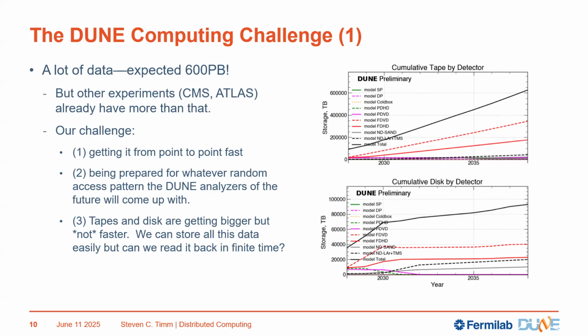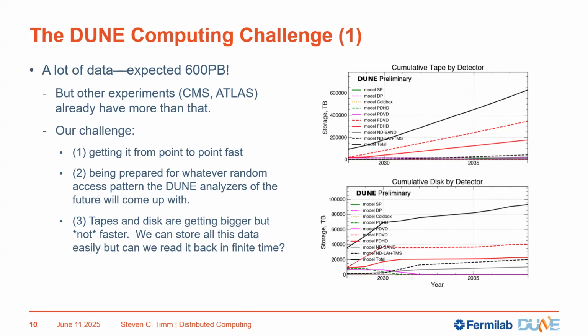Fermilab experiments tend to read our tape a lot more often than the LHC ones do. But what is our challenge here? We've got to get it from point to point fast. I'll cover that in more detail a little bit later. We have to be prepared for whatever random access pattern the DUNE analyzers of the future, which is you guys, will come up with.